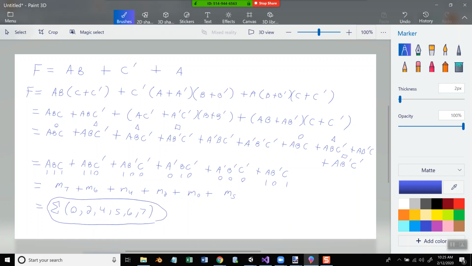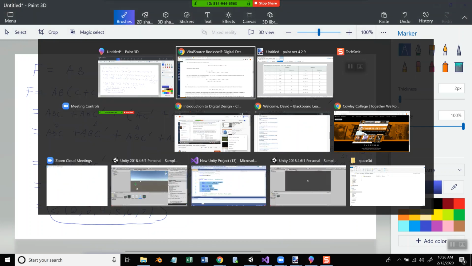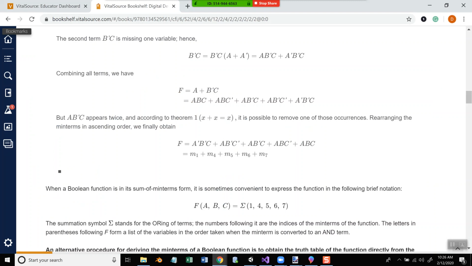And that'd be our answer. Questions on that one? Okay. Just kind of tedious algebra there, making sure you get all the primes down. You can see how it helps you to know the binary number system, because you run across it so much.